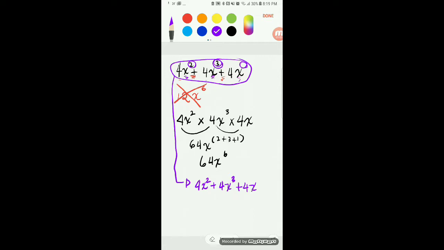That's the simplified expression already. However, I want you to go one step further. Please order the indices from greatest to smallest. So the final answer should be 4x to the 3rd power plus 4x squared plus 4x.